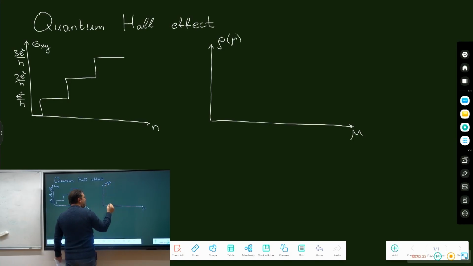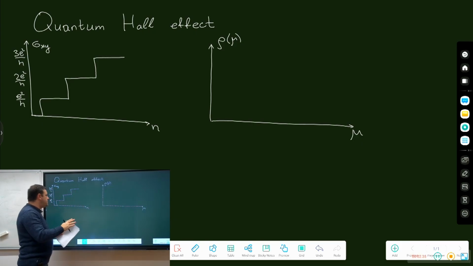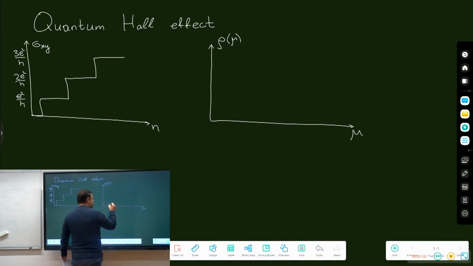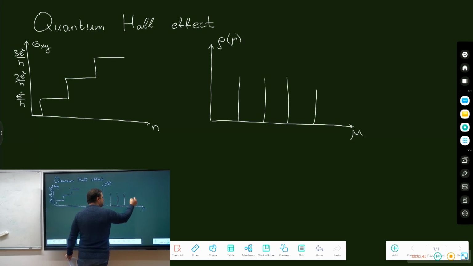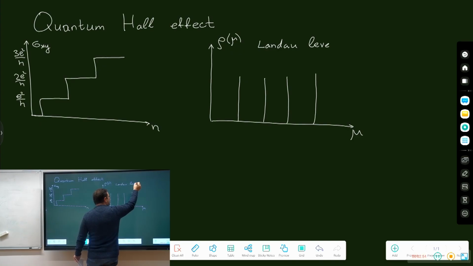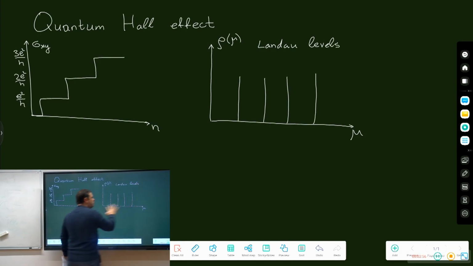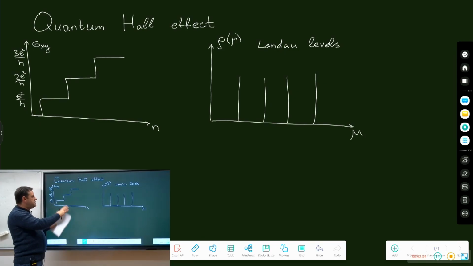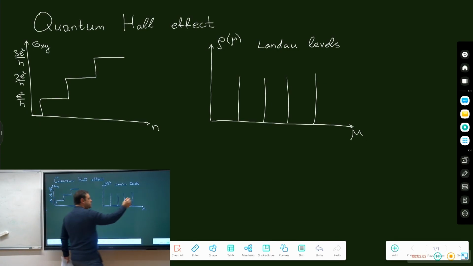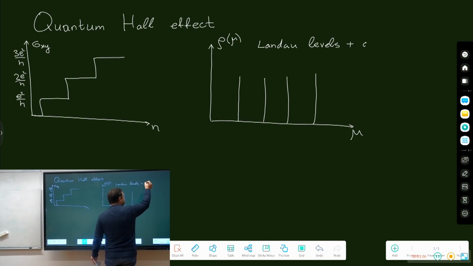So the density of states in magnetic field is a collection of delta functions which are called Landau levels. So within this picture, when we have Landau levels, it's not enough to have quantum Hall effect. We should add some disorder here, Landau levels plus disorder.